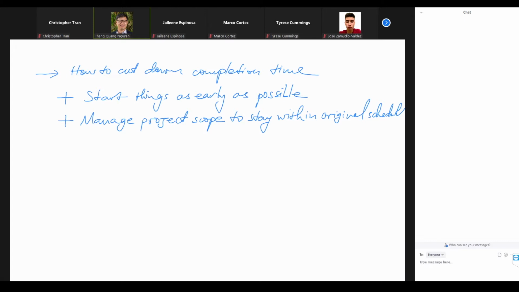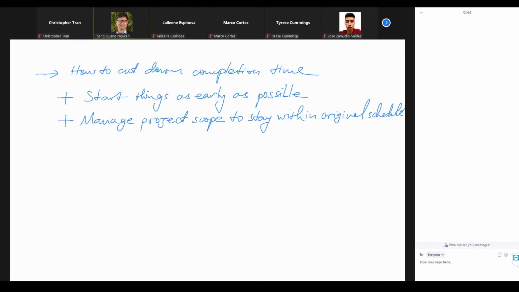If you look at the residential construction industry, for example, at first they estimate that they're going to take 1 year to complete the house, right? But then in reality, it might go to 1.5 years or even 2 years. Why so? Because the homeowners decide that they want to do more and more, right? So because of the changes or the expansion in the scope, the completion time will be longer.